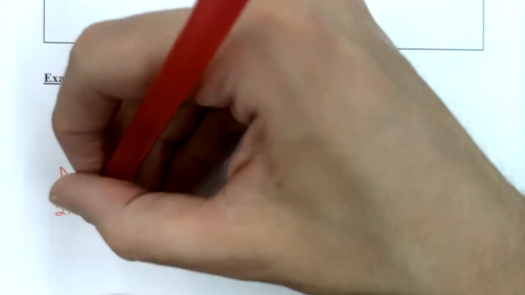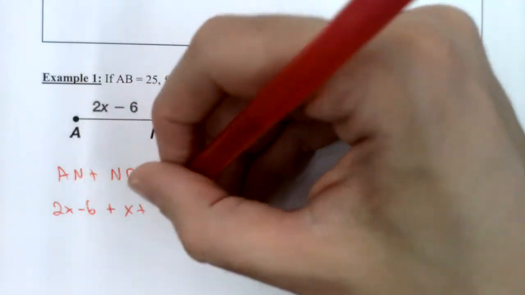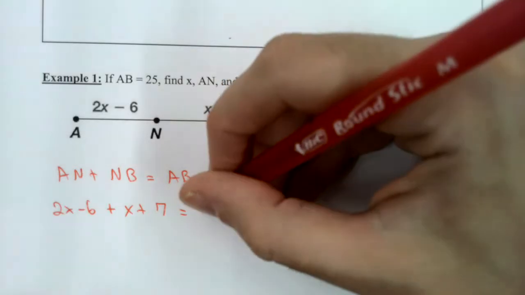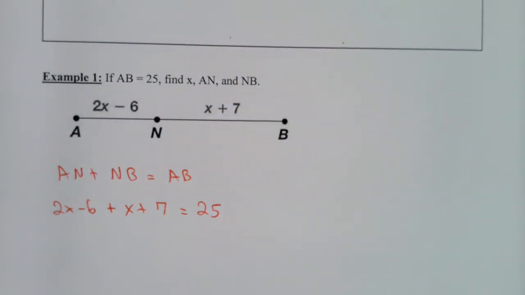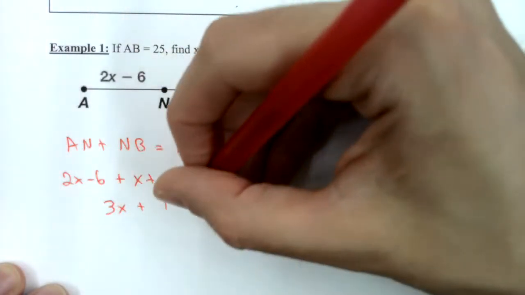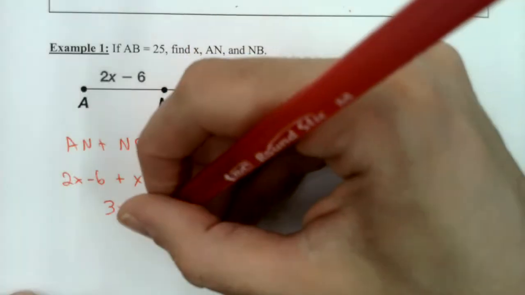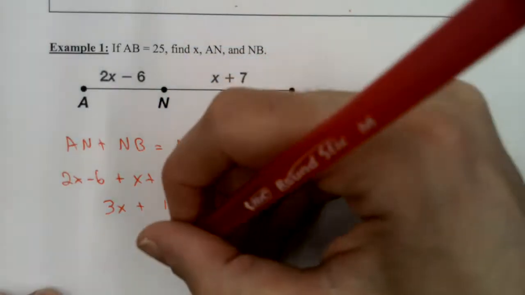AN is 2x minus 6 plus NB, which is x plus 7, equals AB, which is 25. Solve that for x. Combine like terms on the left: 3x plus 1 equals 25. Subtract 1 on each side, you get 3x equals 24. Divide by 3 and you get x equals 8.